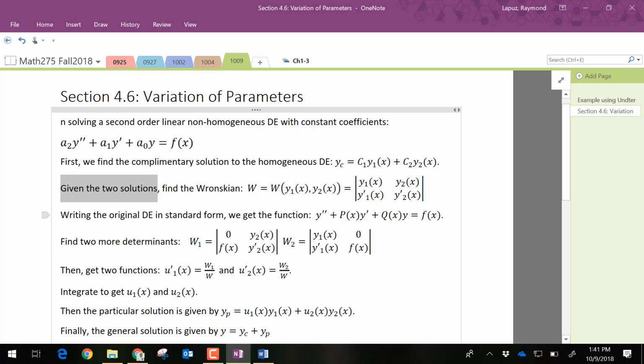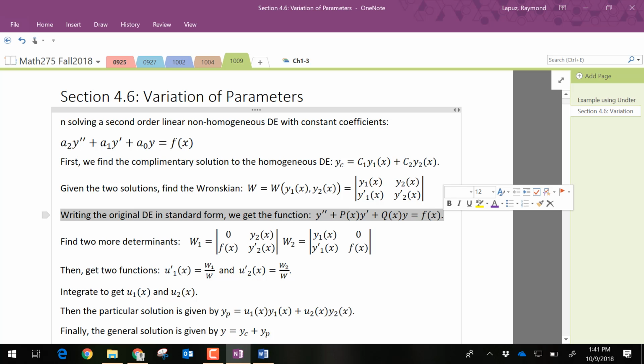And then we're going to rewrite the differential equation so that the highest order, in this case the second derivative of the unknown function, has a coefficient of 1, so that's like the standard form or normal form or whatever it's called. And then we're going to find a couple of determinants, W sub 1 and W sub 2.